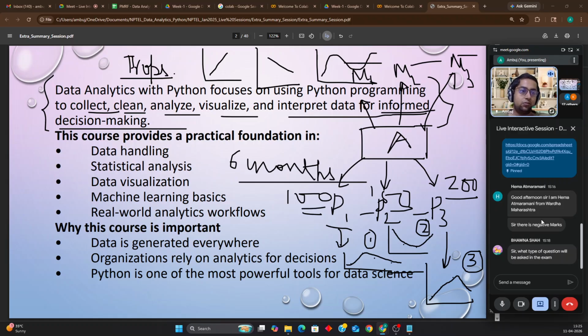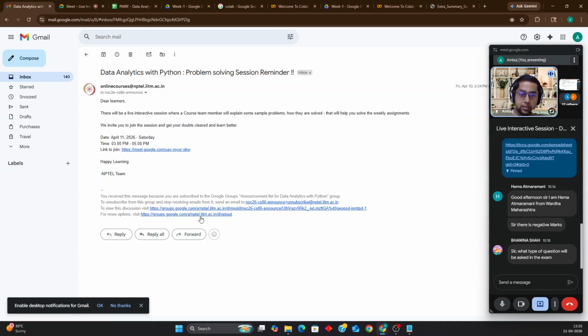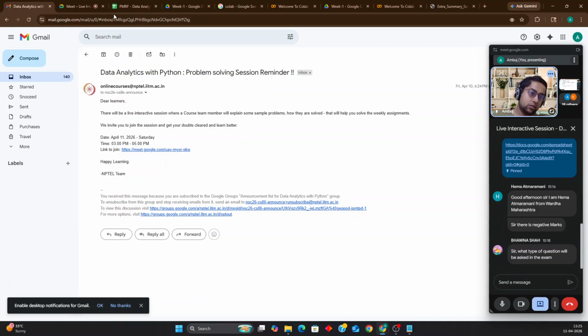There is a separate set of TAs which handle the question paper making, assignment making. Ask them in the Google Group. How can you reach them? See here, you are receiving the mail, right? Go to any of these three links, this Google group discussion. Please write to them that you want to know the examination pattern. If they are in a position to disclose it, they will be disclosing it.